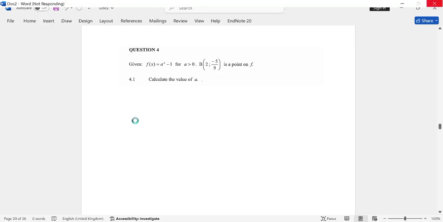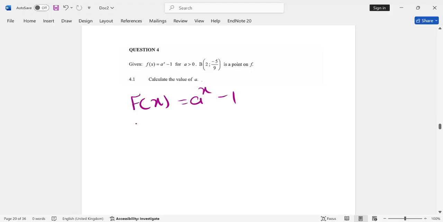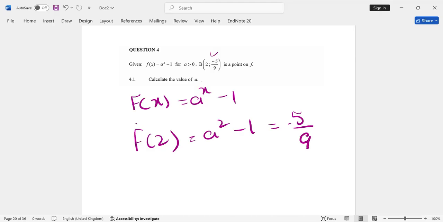We substitute the coordinates of the given point B, which is x and f of x, into the function's equation. So we have f of x equals a power of x minus 1, and I'm substituting these values into this function. So we have a power of 2 minus 1 equals minus 5 by 9.